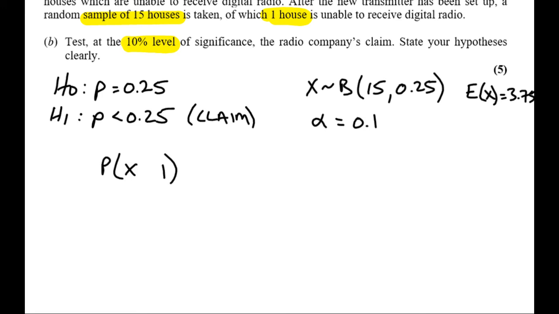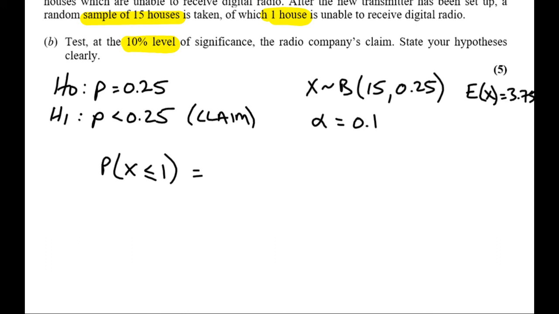With the expectation being 3.75, this will surely have to be less than or equal to 1. If this probability, which has the observed value and everything smaller than the observed value, ends up being smaller than our significance level of 10%, 0.1, then we have a significant result and we can reject H0.